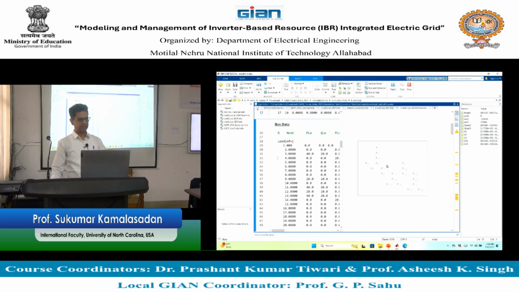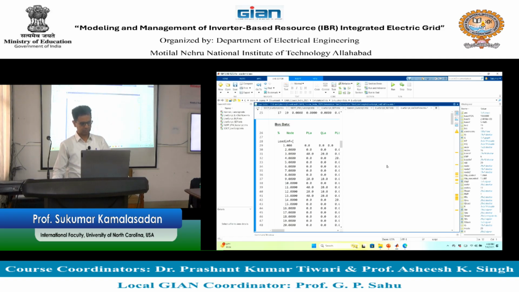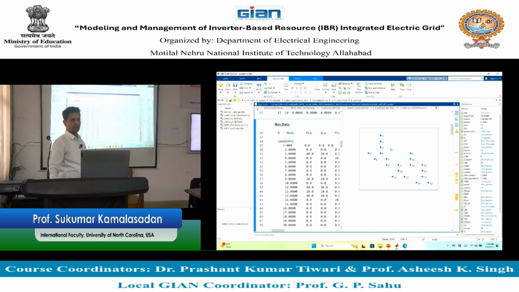So you see the branch, how they are connected, based on the branch representation. This is the connection pieces for the optimal power flow. Good. Can you see? Okay. All right. This is basically the branch connections, and you can see whether it's successfully solved. Yes, it is successfully solved.